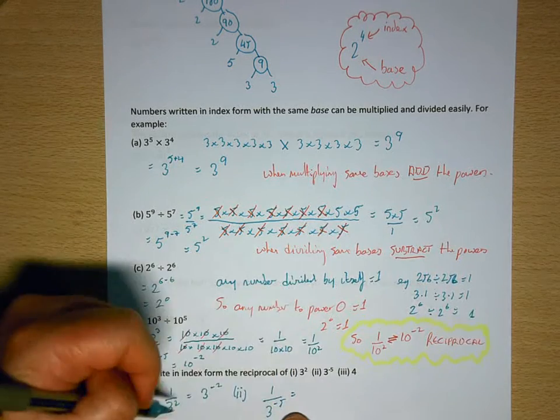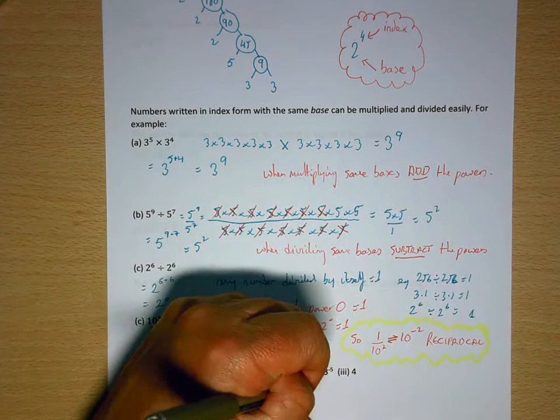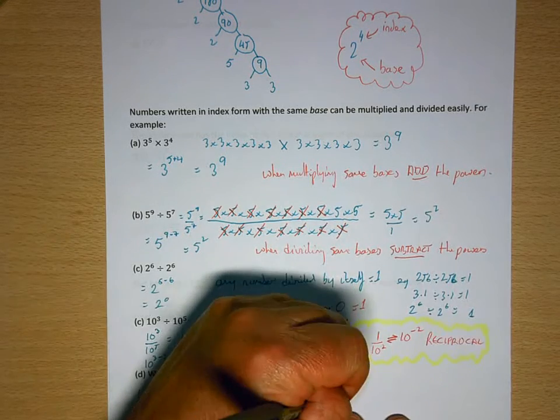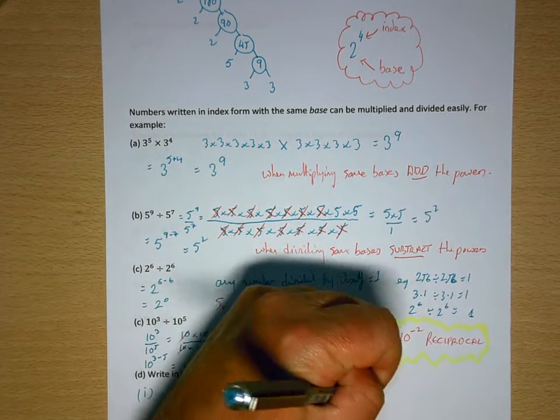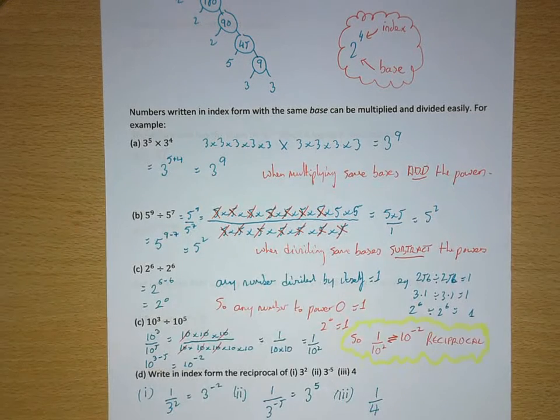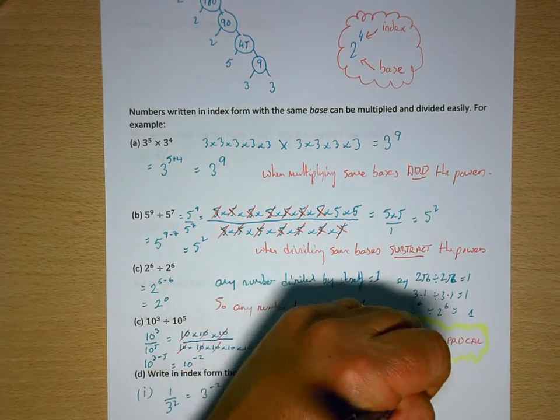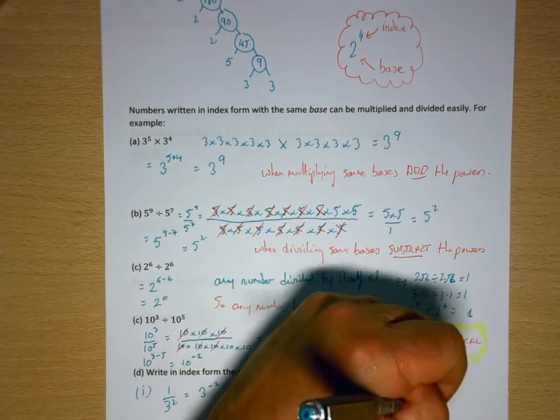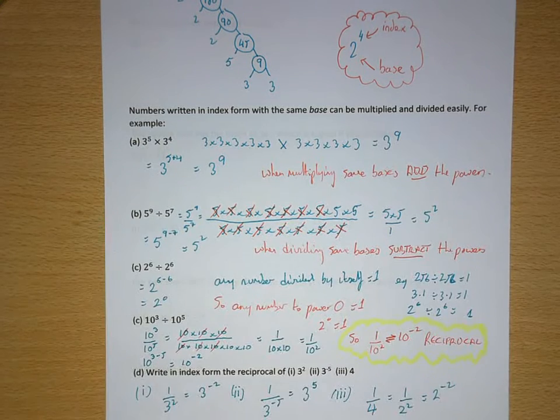It changes the sign. And then the final one, the reciprocal of 4 is 1 over 4, which I can write as 1 over 2 squared, which I can write as 2 to the minus 2.